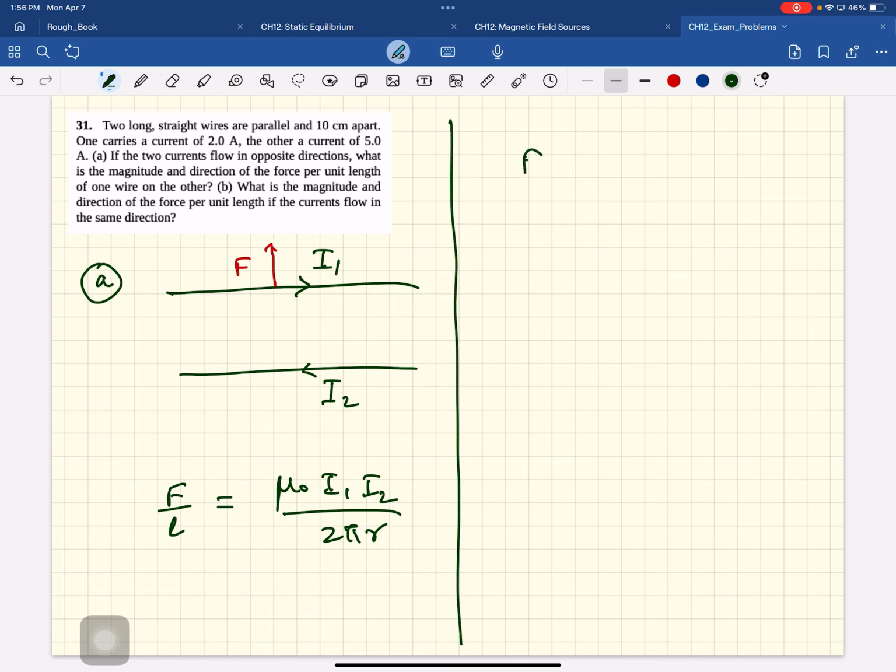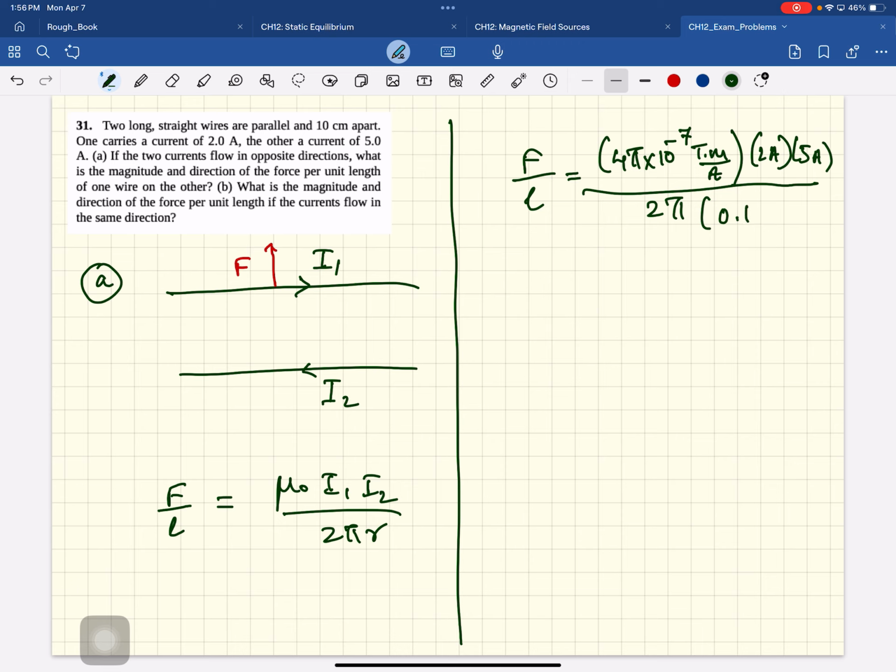So force per unit length is given by mu naught I1 I2 over 2 pi r. So 4 pi times 10 to the minus 7 Tesla meter per amp, and the currents are 2 amps and 5 amps, over 2 pi, they're 10 centimeters apart, 0.1 meter. So you get 2 there, 10 to the minus 6 again.